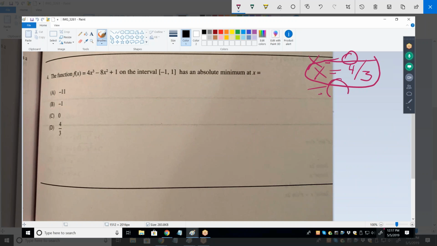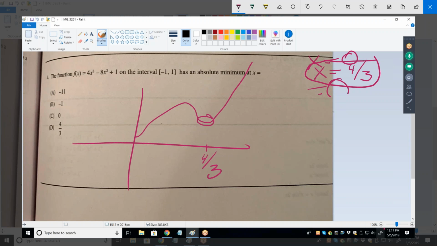In other words, that cubic function might do something like this. Okay? And we can see that there's a relative minimum at 4/3. Right. But the interval goes from -1 to 1.